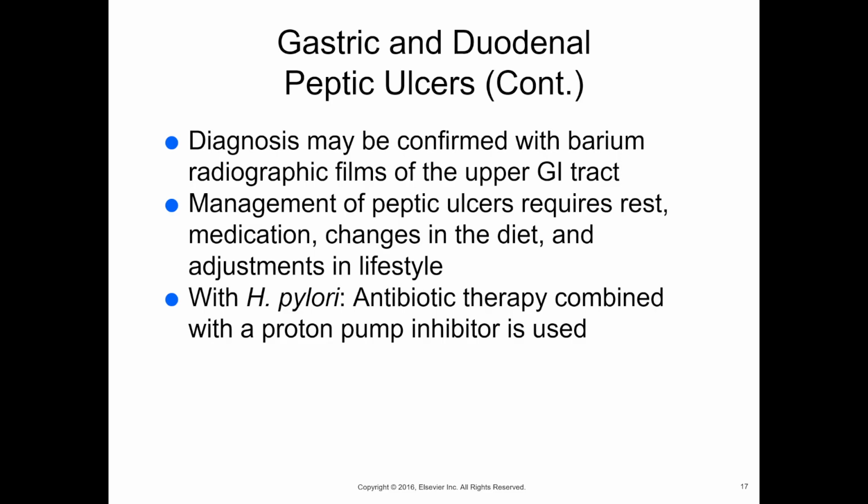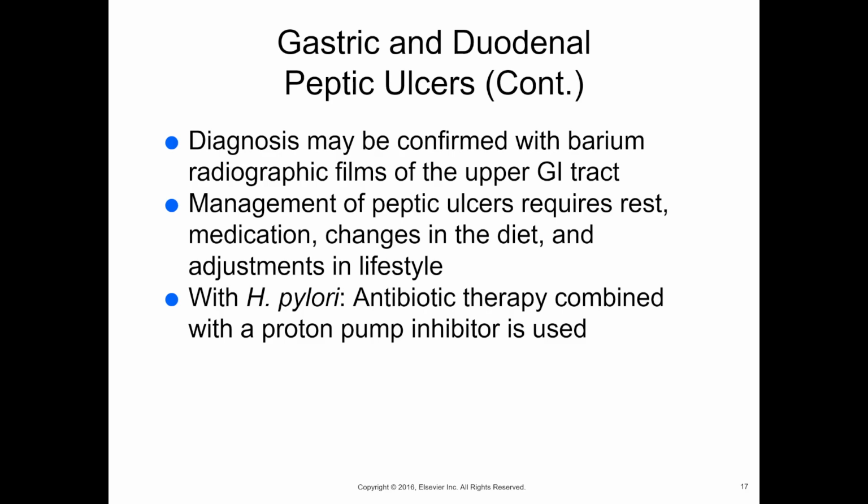So you can confirm this with a barium radiographic film, which is basically you're taking an x-ray after somebody drinks a liquid containing the substance barium. Barium is a radiopaque substance, meaning that when you ingest it, it is essentially a dye on the radiographic films, and you will actually look for things like filling defects in the stomach and duodenum as it goes through the body.